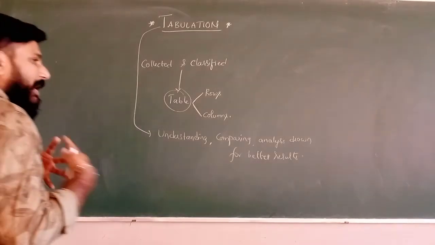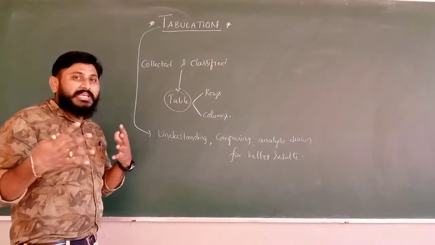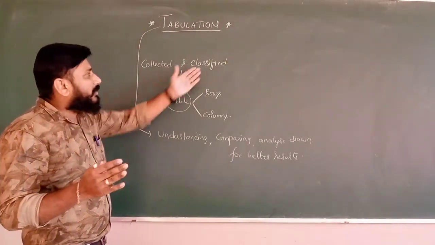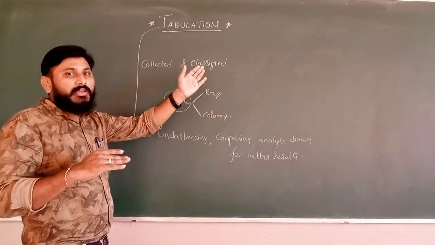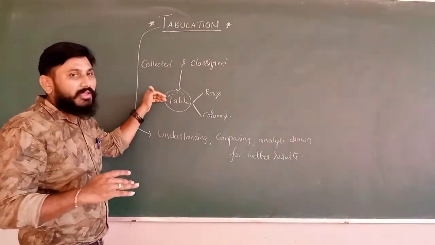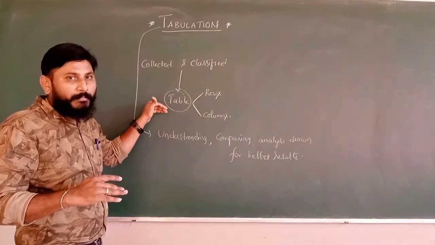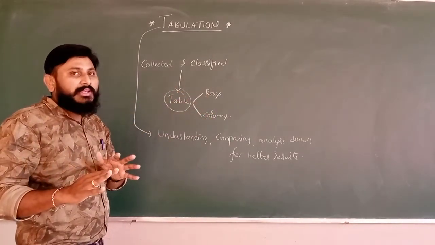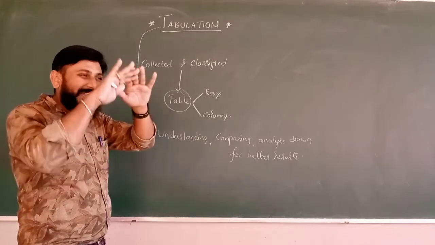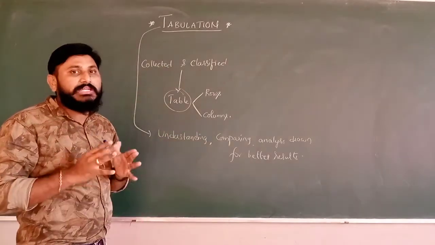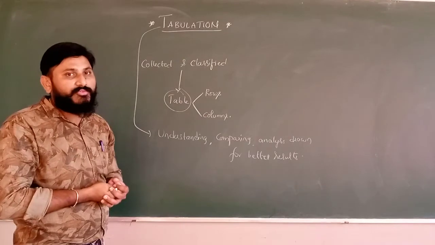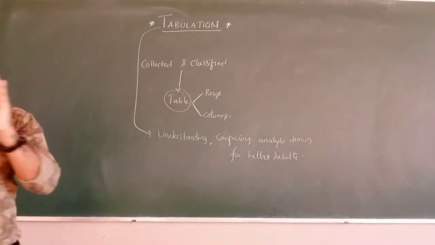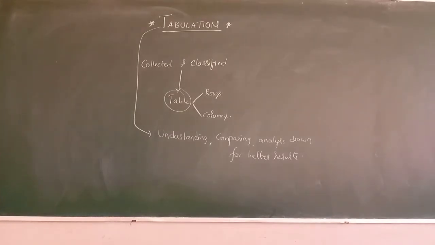If the data is vast, it has to be condensed, reduced in size by classifying and then forming it in tabulation form with rows and columns. Detailed information can easily be presented in an orderly manner in the form of a table. So that is the main objective of the tabulation concept, remember.